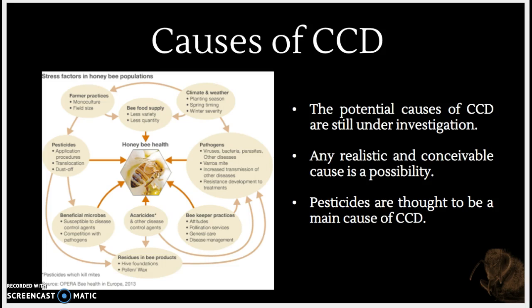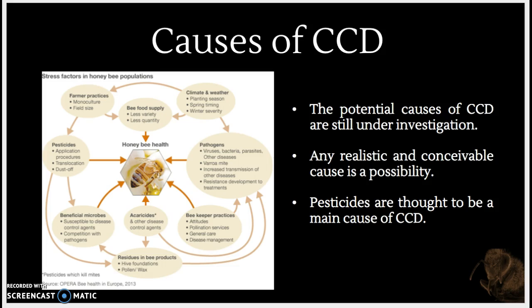The causes of colony collapse disorder are still under investigation and are not very well understood. Currently, any realistic and conceivable cause is a possibility, and most scientists agree that there is no single cause for CCD. Nevertheless, there are potential and leading etiological factors that can make us be more or less sure of their contributions to CCD.